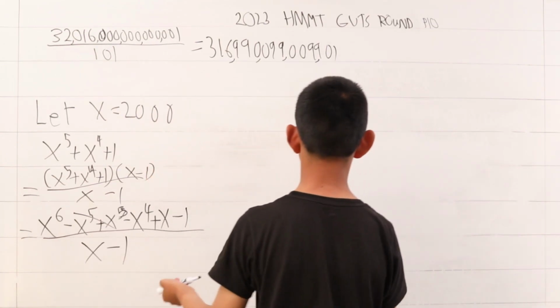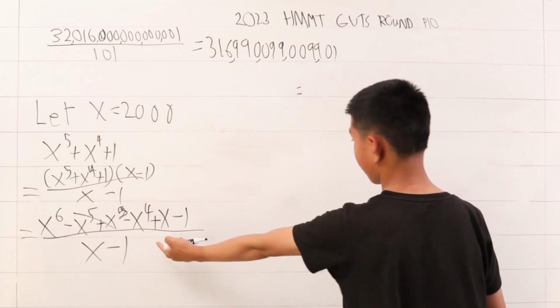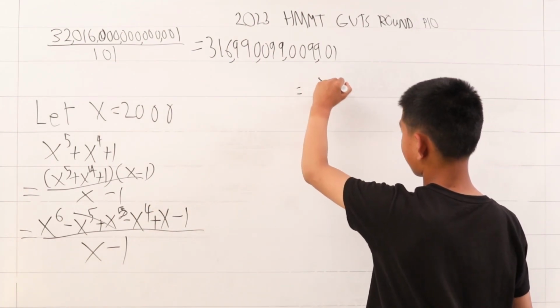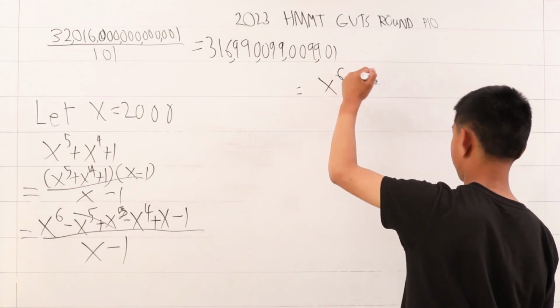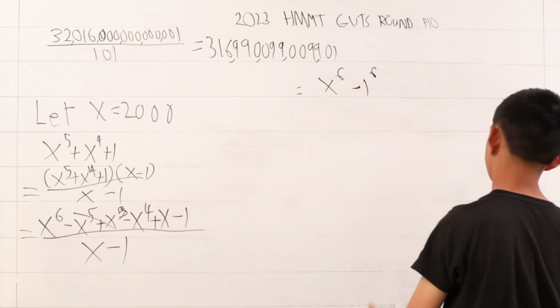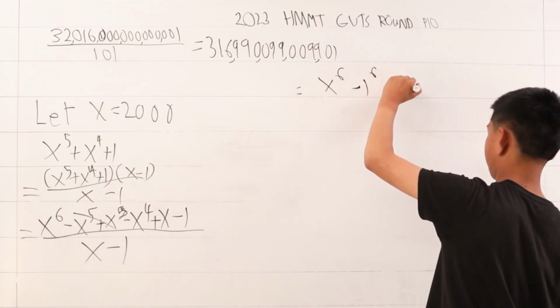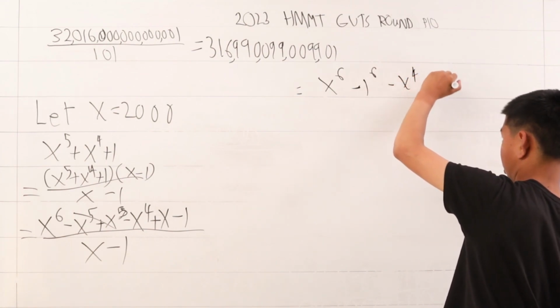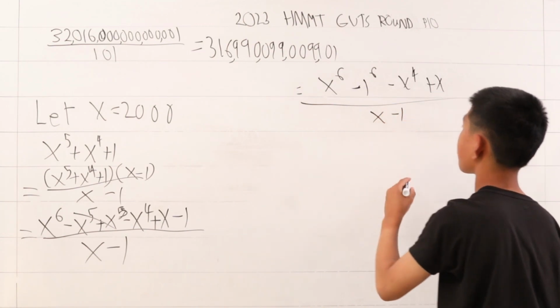After some rearranging, we can write this as x to the power of 6 minus 1 to the power of 6, because 1 to the power of anything is still 1, minus x to the power of 4 plus x, over x minus 1.